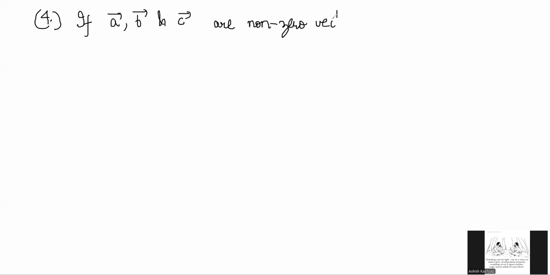Okay. The next property is if A, B, and C are non-zero vectors such that A dot C is equal to B dot C, then we have two cases.